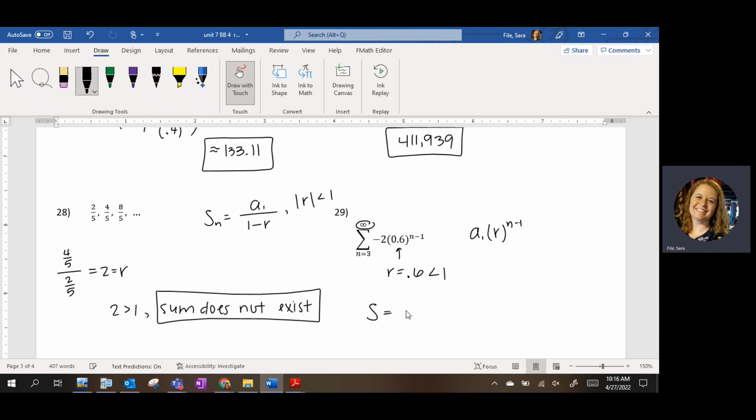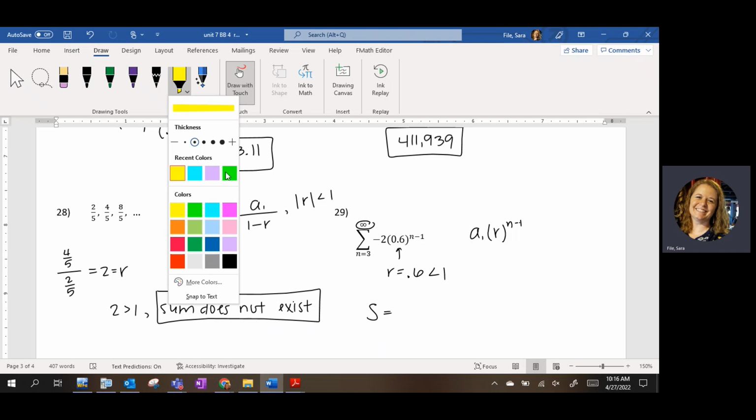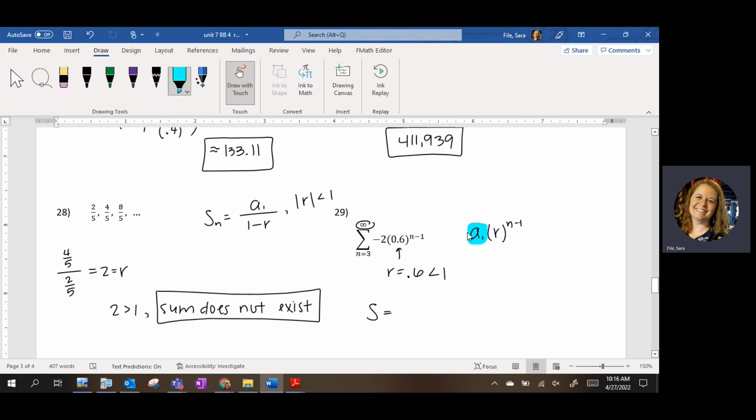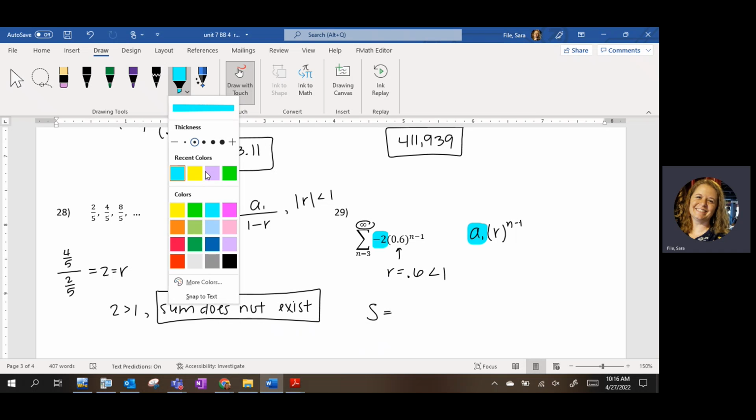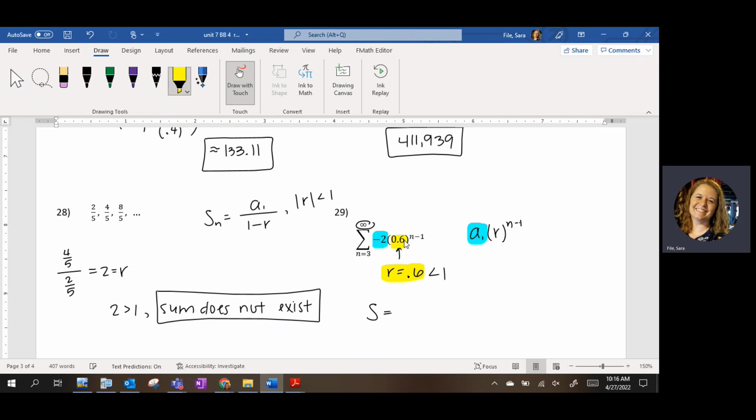So we're going to find the sum by doing the first term, which shows up here. So that's the -2 over 1 minus r, which we said r was the 0.6. So in my formula, that's going to be -2 over 1 minus 0.6.